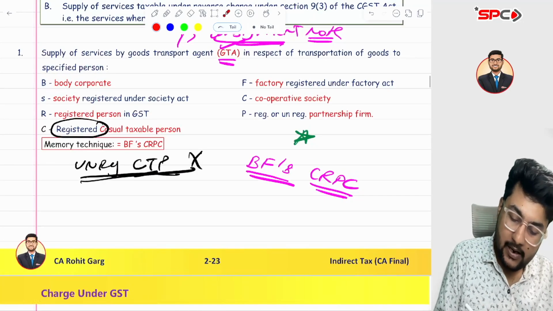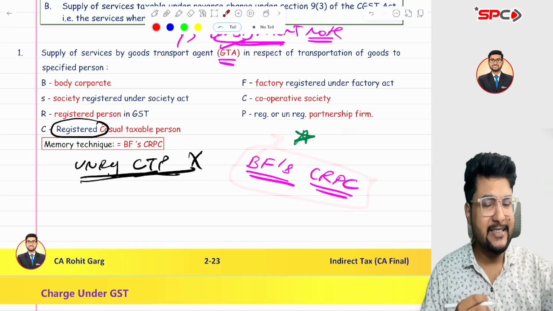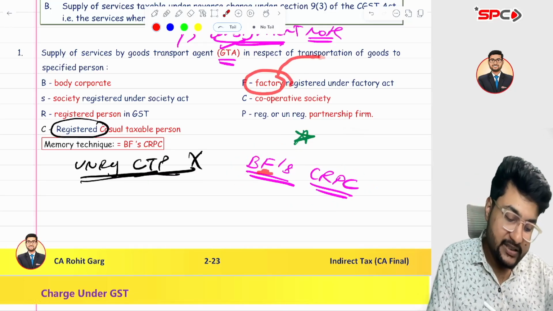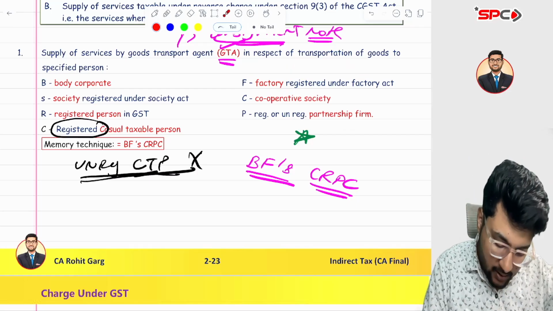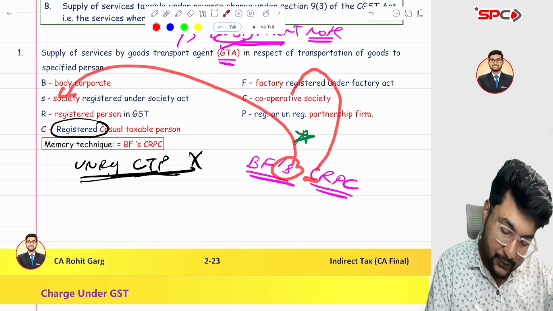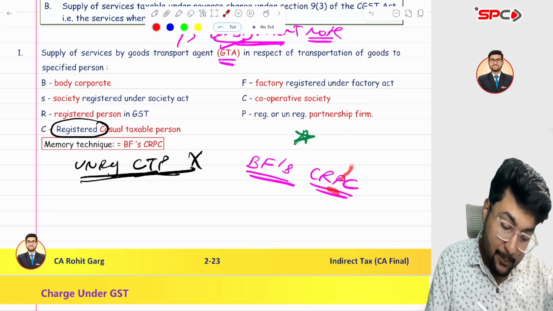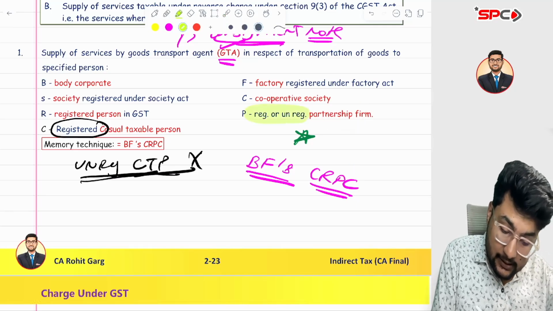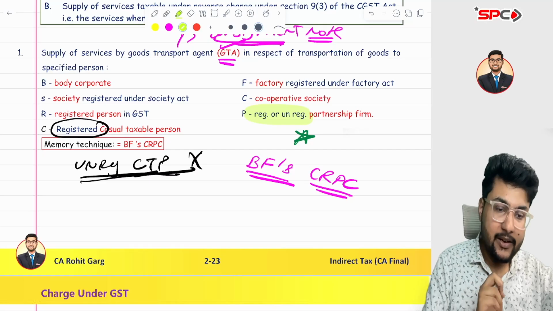So here BFCRPC: B means a body corporate, whether it's an Indian or a foreign company. F means a factory registered under the Factories Act. You don't need to remember any act. S means society, C means cooperative society, R means a registered person, P means a partnership firm, whether registered or unregistered. Three very important points: even an unregistered partnership firm is covered here.